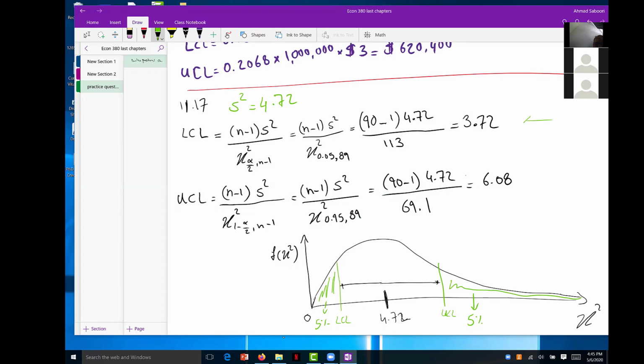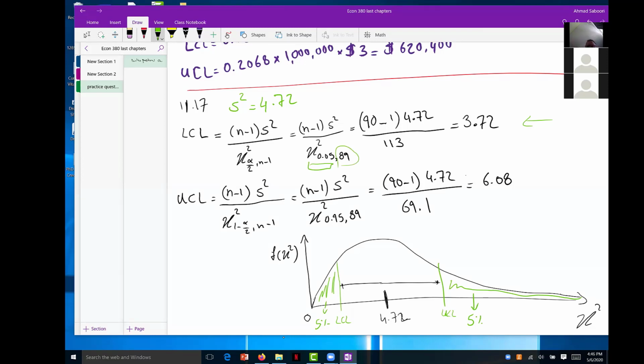So the lower confidence level is converting all that information: the sample size was 90, S squared was the observed variance in my sample, and the chi-squared in the denominator is essentially how much of the tail I want to cut off. Now, since I was looking for a 90% confidence interval, an estimation with 90% confidence, I have to cut off 5% to the left and 5% to the right.